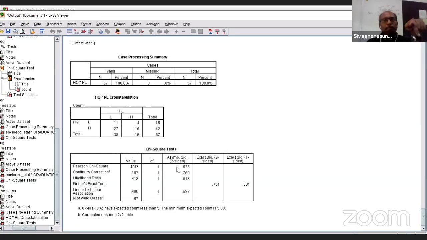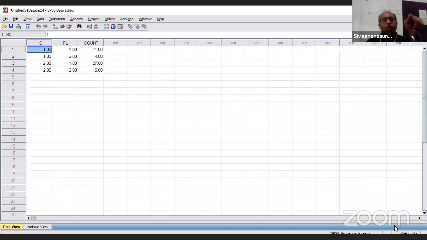Housing quality low, low is 11, low, high is 4.